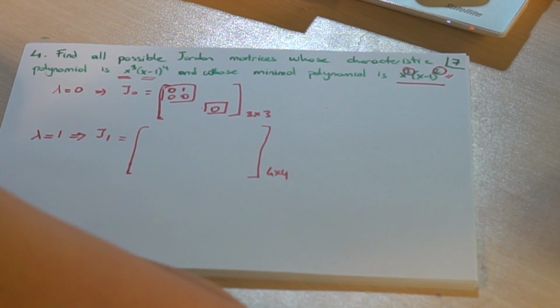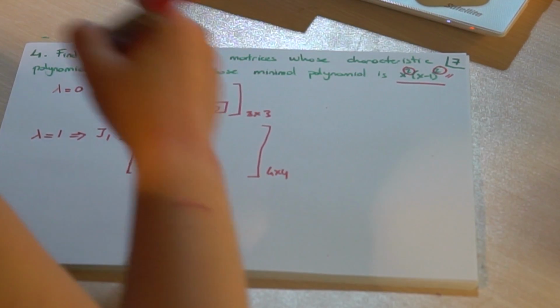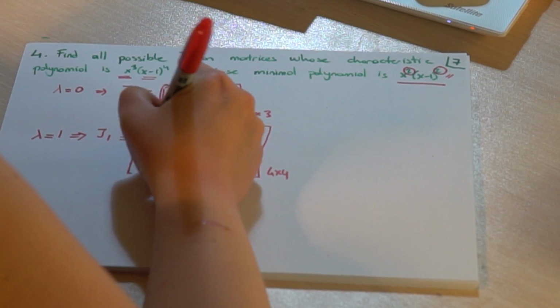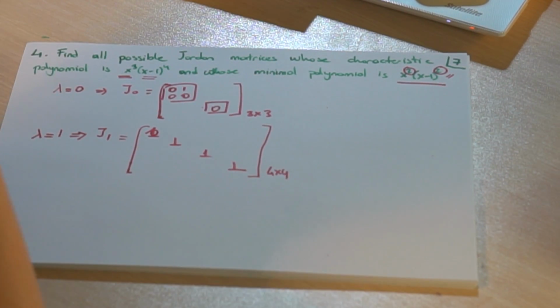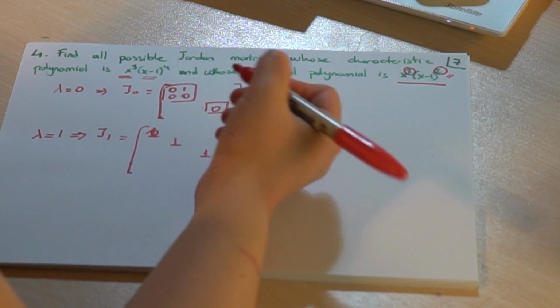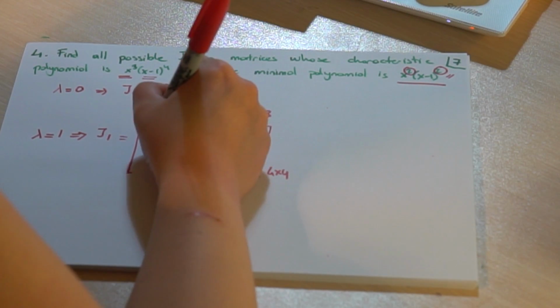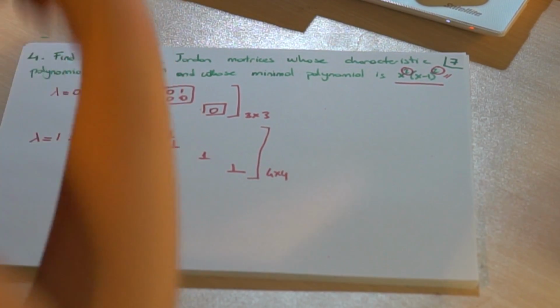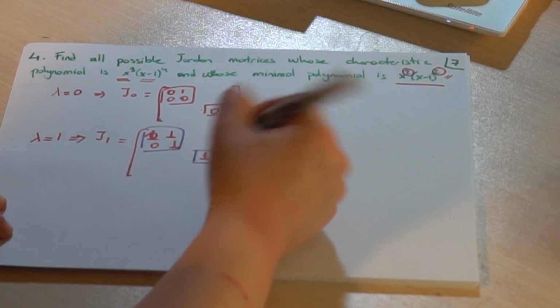We have (x minus 1) squared in the minimal polynomial. So the first option can be, on the diagonal, 1, 1, 1, and the other blocks are of size 1 by 1.